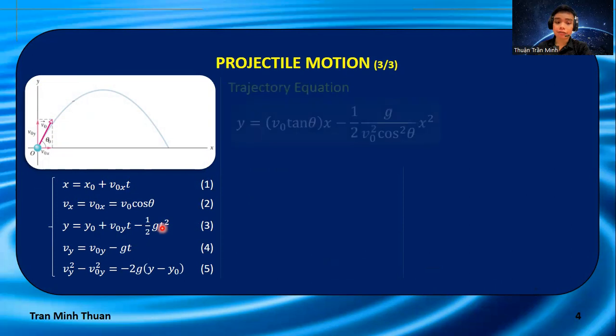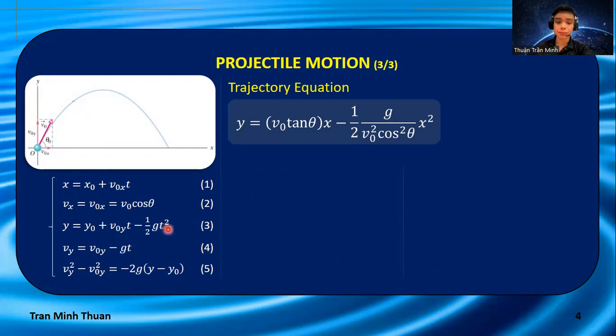We have the trajectory equation of the object, with the assumption that the object starts at the origin, which means x naught equals 0 and y naught equals 0.